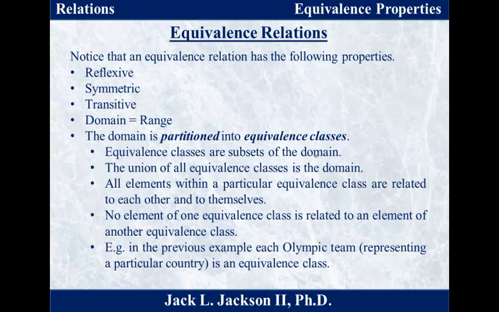So in the previous example, each Olympic team, in other words, each country that had a team, represents an equivalence class. So we had the American Olympic team, that's one equivalence class. The United Kingdom or British Olympic team, that is also one equivalence class.